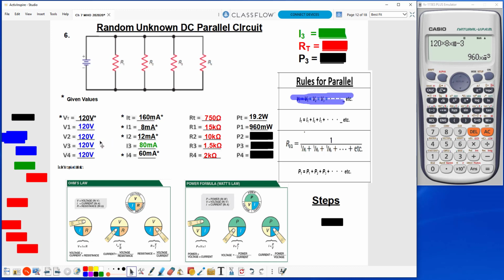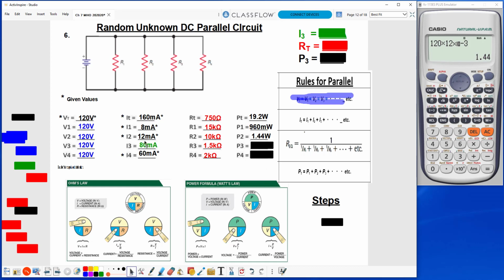P2, 12 milliamps times 120 volts. So let's change this from an 8 to a 12. Milliamps right here. We'll put that in. 120 times 12 times 10 to the negative third equals 1.44 watts.